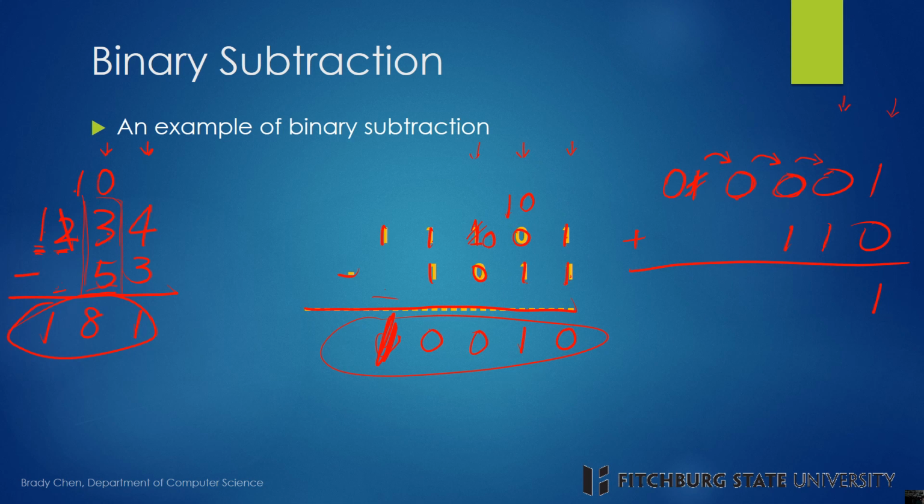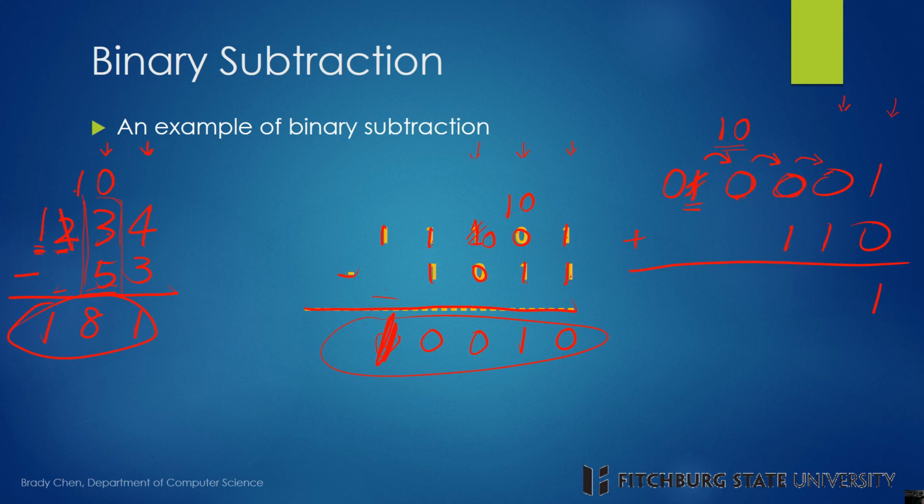So the 1 just borrowed from the next position over here becomes 1, 0. Oh no, I'm sorry, it's not ten, it's 1, 0, which is only 2. 1, 0 means 2 in binary numbers. Now this 1 here represented 2 in the previous position.